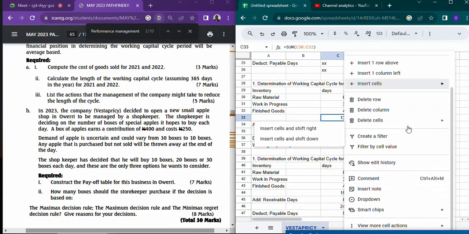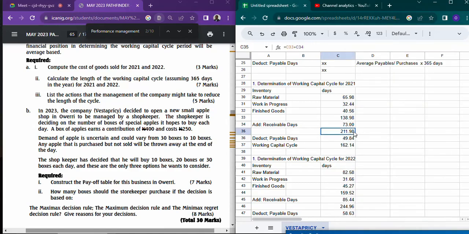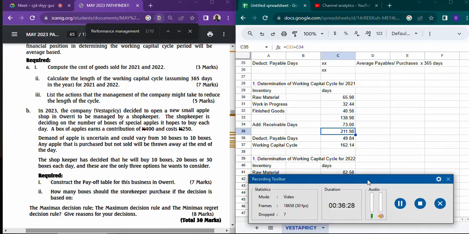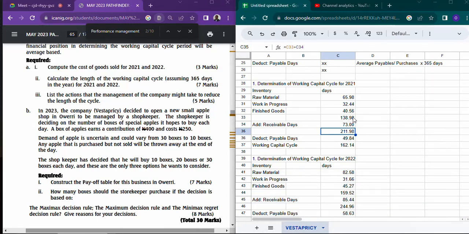It is either you reduce the total inventory days, or reduce the receivable days, or increase the payable days.